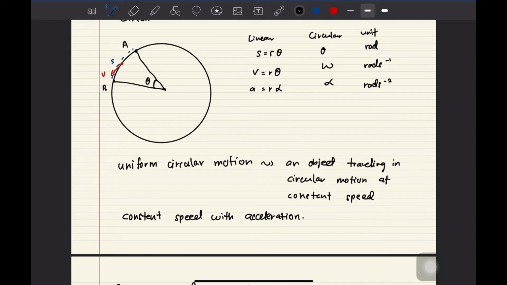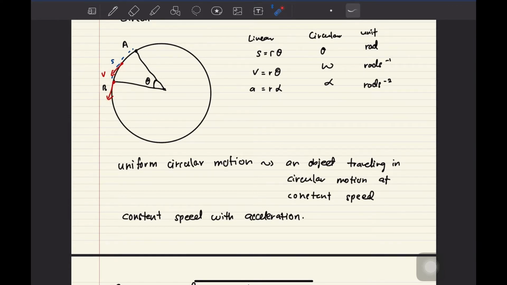The acceleration actually comes from the change in direction of velocity. For example over here, you have a velocity in that direction, and as it goes further, let's move some more, now the V is changing in direction.